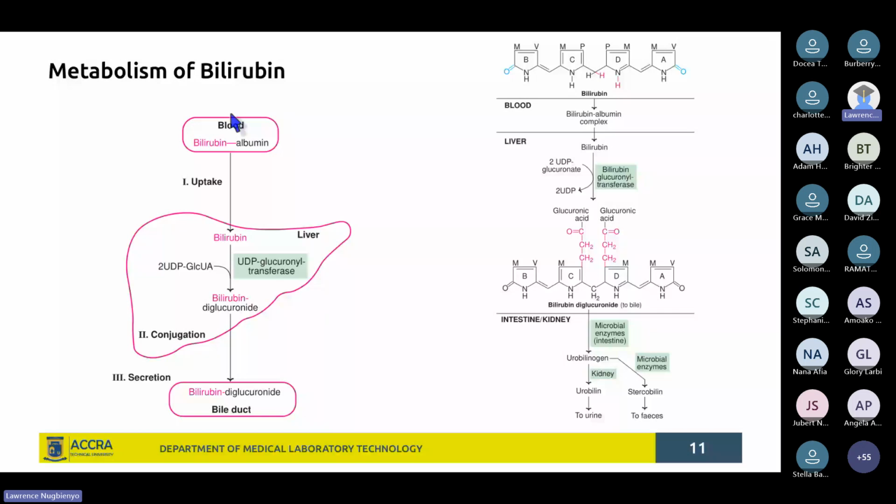The albumin is left in the blood, and that bilirubin is then conjugated to diglucuronide. That's what you see here, the glucuronic acid binding onto the bilirubin, which was broken down. And so you now have that bilirubin diglucuronide.